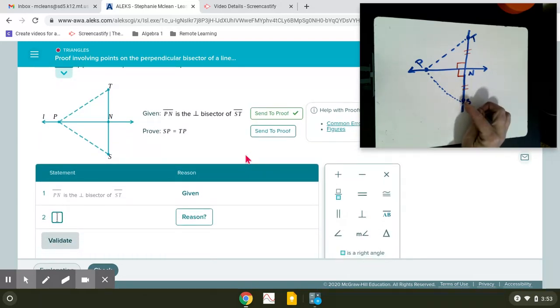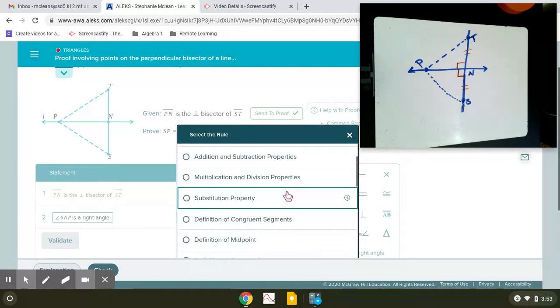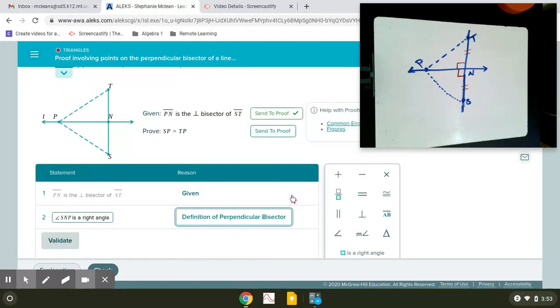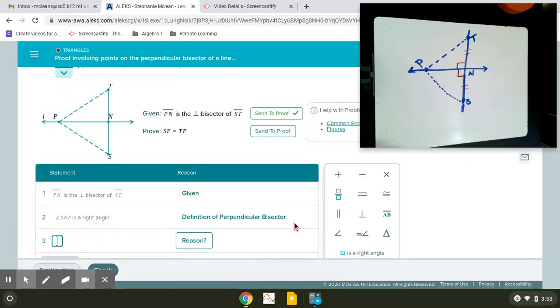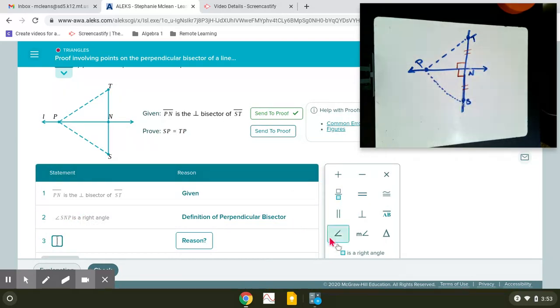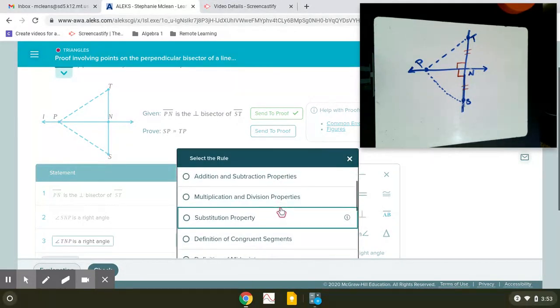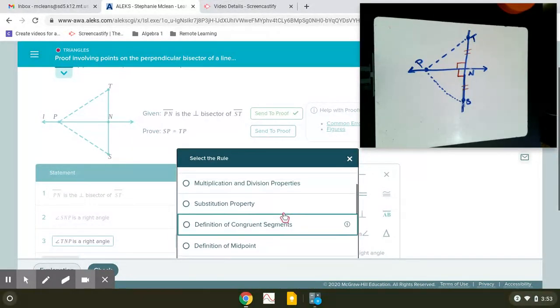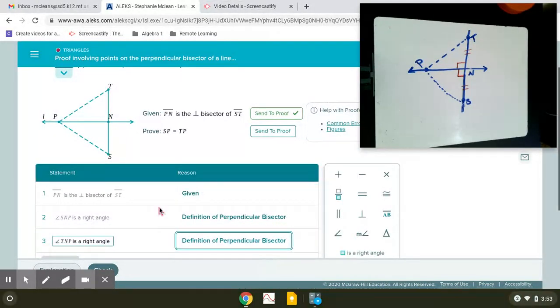We need to show that angle SNP is a right angle. That's from the definition of perpendicular bisector. Then we need to show that angle TNP is also a right angle from the definition of perpendicular bisector.